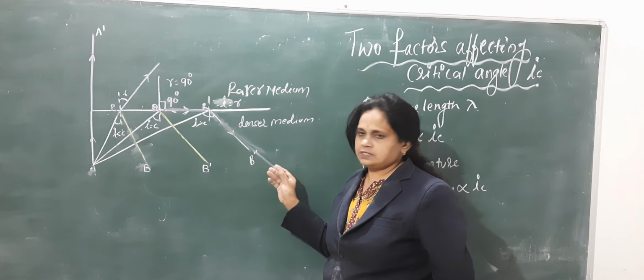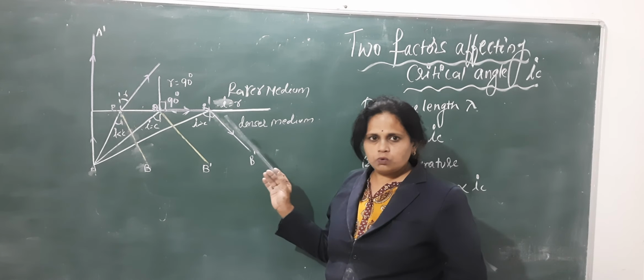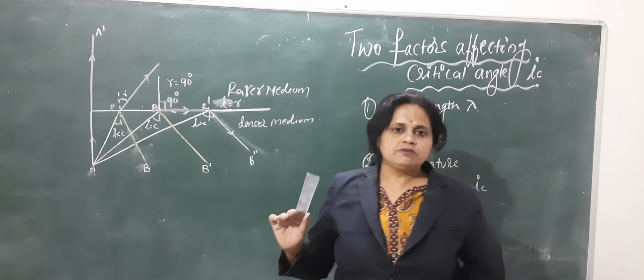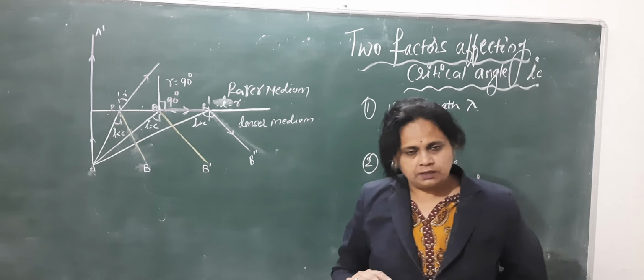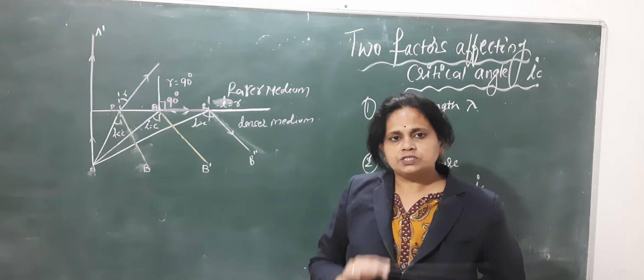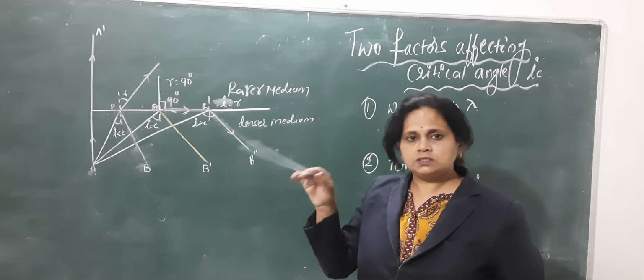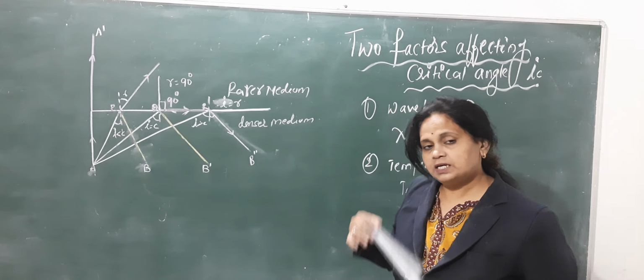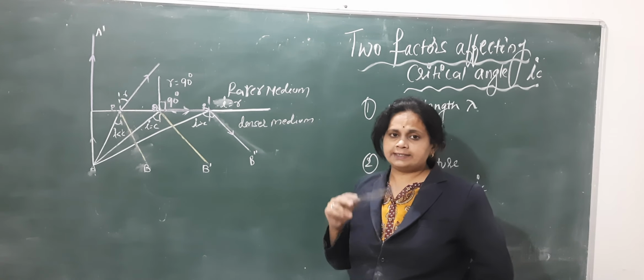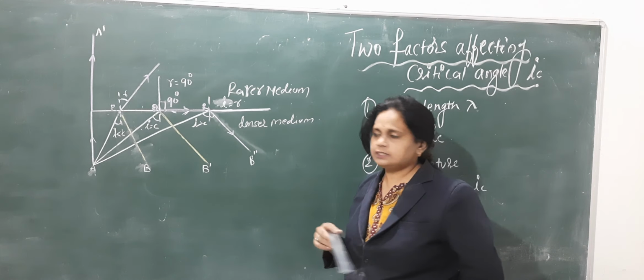Because after this, if we increase the angle of incidence more, there will be no refracted ray and the light which is traveling from denser medium completely turns back into the denser medium. That situation we call total internal reflection, right?